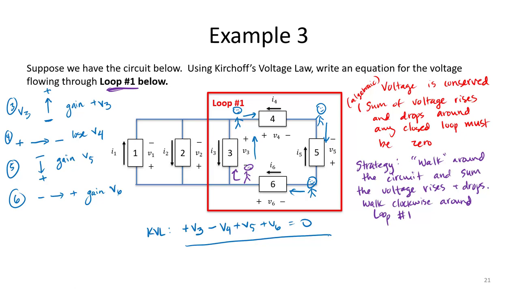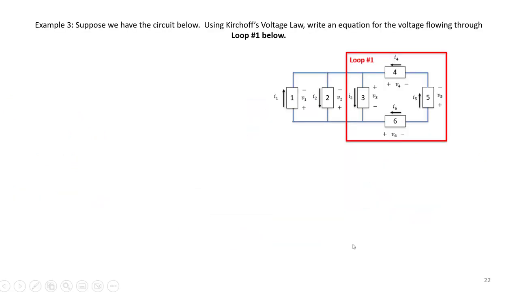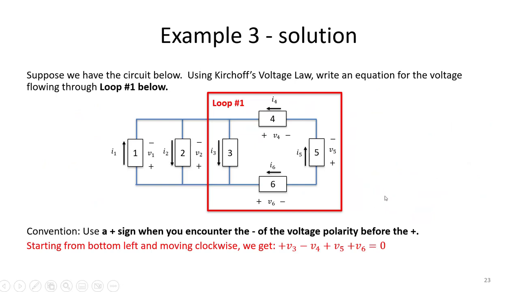So this is my Kirchhoff's voltage law equation. And you can see in our solution, that is indeed what we end up with. So remember, we want to basically make sure we follow those conventions, both for the sources and the resistors. So typically, in this case, we're going to go ahead and assume that if we are going from negative to positive, we are gaining voltage. You'll also find that had you chosen to use the opposite convention, you would have still ended up with a mathematically identical result.